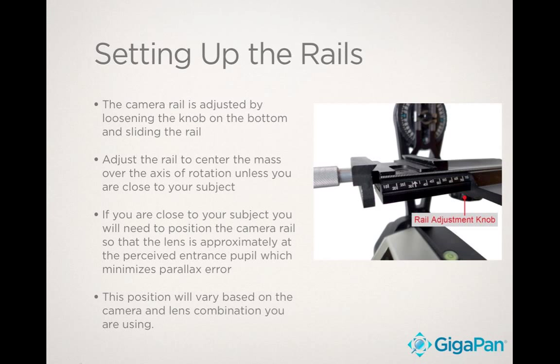But basically, there's a knob on the bottom. You mount your camera, and your first step is to just center the camera on there so that the mass is equally distributed. And then by pushing that rail forward and backward, you'll do a parallax or a no parallax adjustment. The best example I can give you is you find two stationary objects, one that's near and one that's further away.